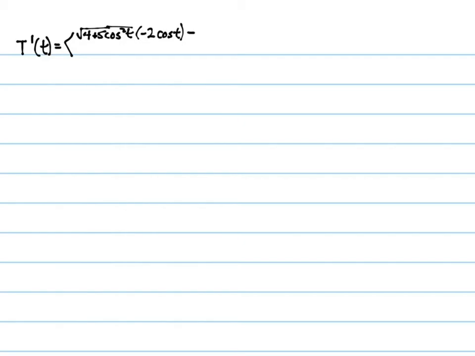Minus the numerator, which was negative 2 sine t, times the derivative of the denominator. So the derivative of the denominator would be 1/2 times 4 plus 5 cosine squared t, times 10 cosine t sine t. We're running out of time, I'm sorry, guys.